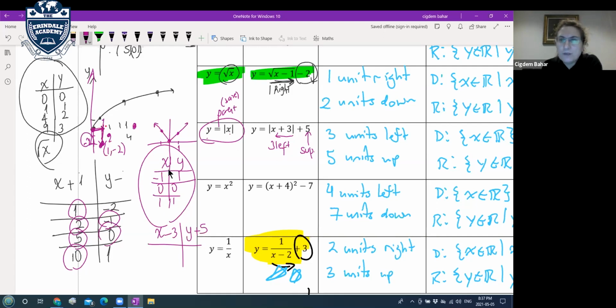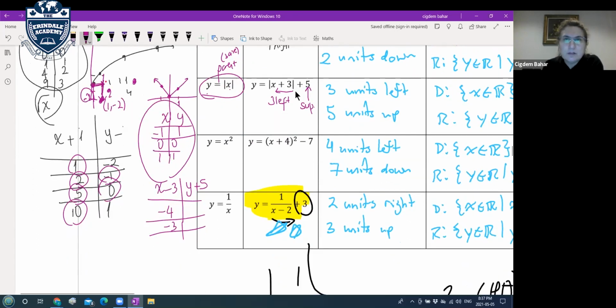Give me the new points. Negative 1, 3 to the left, will be negative 4. 0, 3 to the left will be negative 3. 1, 3 to the left, negative 2. y is 1, add 5. 0, add 5. 1, add 5. These are the new points.